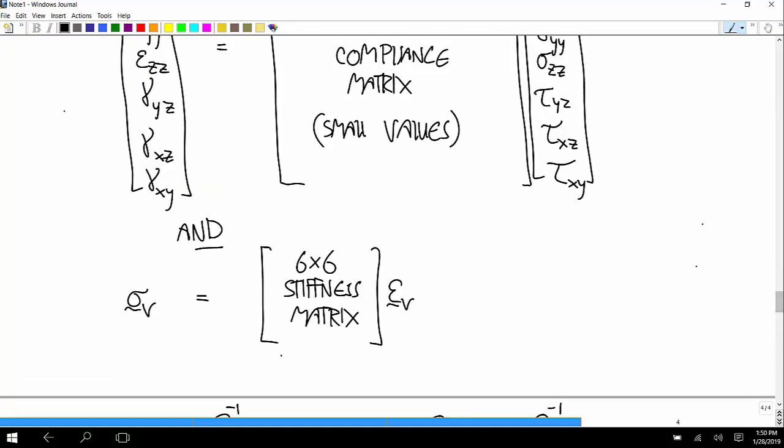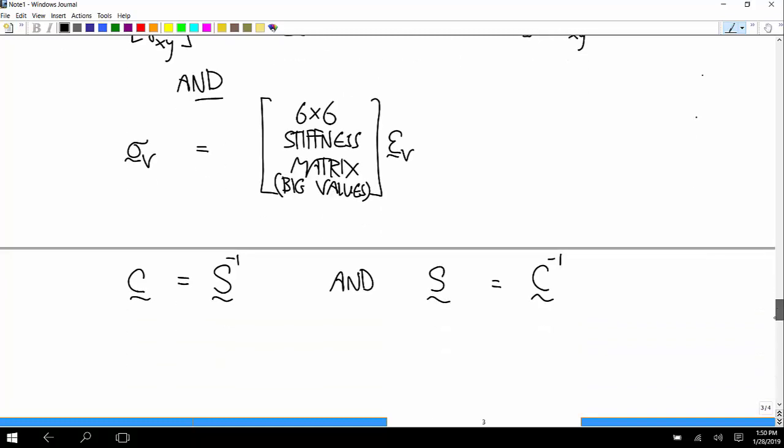Okay, so that means that the stiffness matrix has big values, huge values, bigger than the stress values. So if we figure out these 36 values that represent a material, then we can go back and forth. All we have to do is measure the deformation and we can calculate the stresses, or measure the stresses and we can calculate the strains.